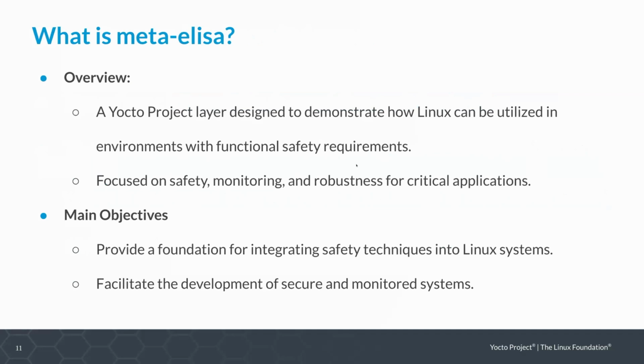It's a layer dedicated to demonstrating how Linux can be used in environments with safety requirements. They focus on safety, monitoring, and robustness of the critical application. They provide a foundation for safety technology in Linux systems and facilitate the development of secure and monitored systems.